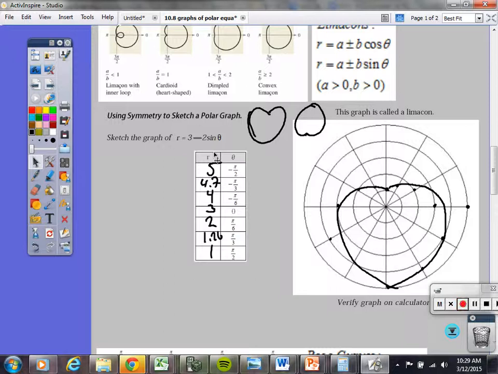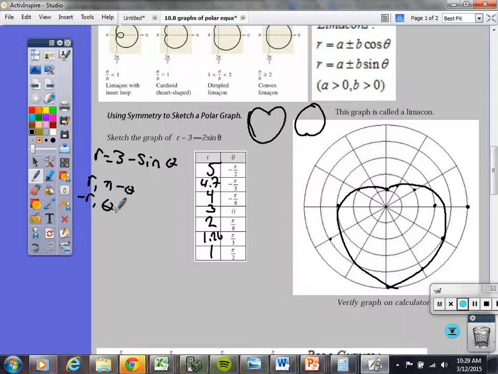All right. So, I'm going to go ahead and prove symmetry here. r equals 3 minus the sine of theta. So I'm believing it's symmetrical about pi halves. If you recall with pi halves, that was r comma pi minus theta or negative r comma theta. Those were the two ways to do it.